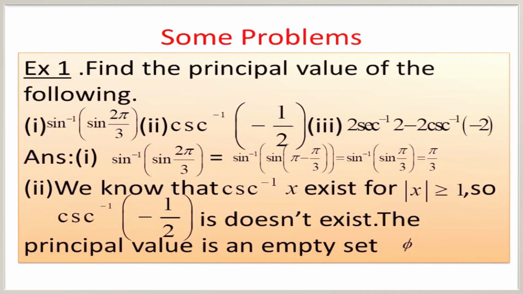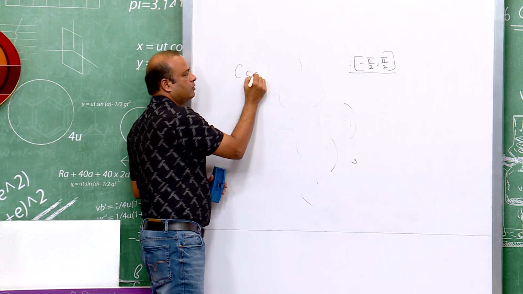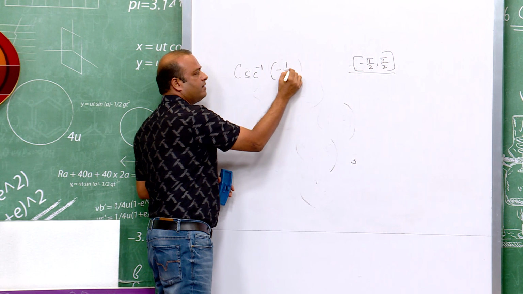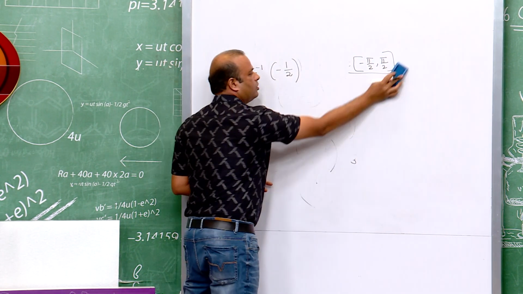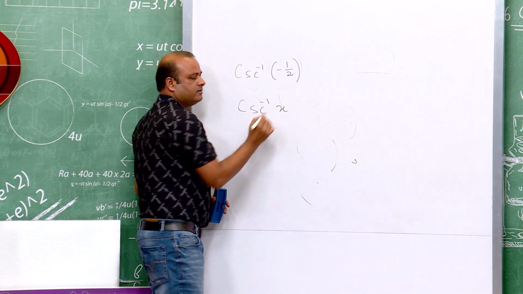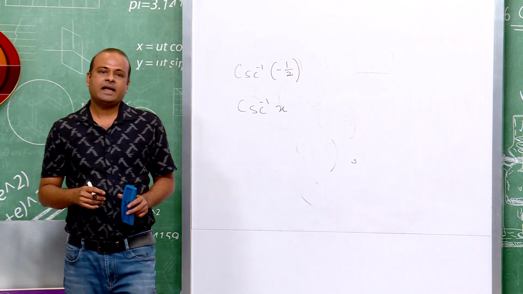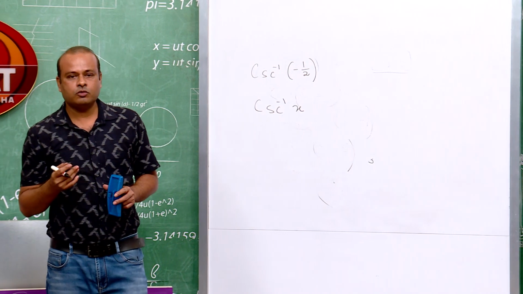So let us discuss cosec inverse minus 1 by 2. The question is, find the principal value of cosec inverse minus 1 by 2. You know the restriction for cosec inverse x is that x lies in R minus the open interval of minus 1 to 1.